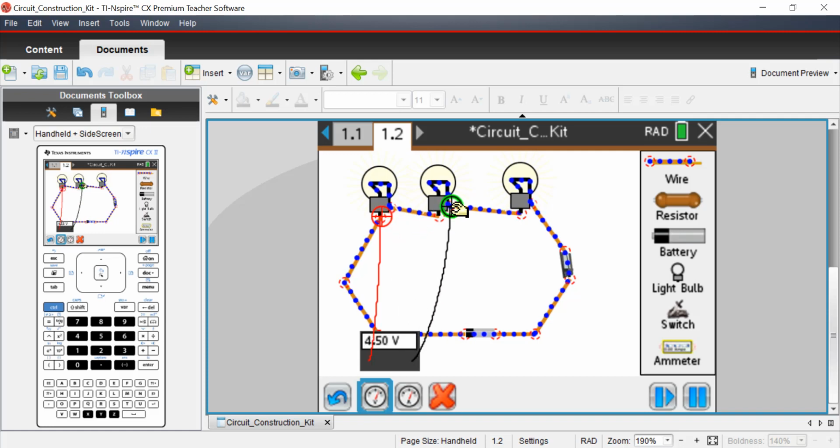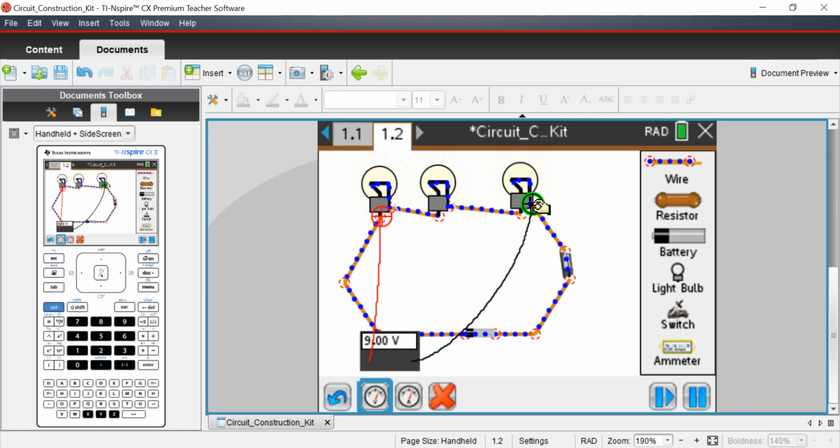If I do it across two 10 ohm light bulbs, a total of 20 ohms, the voltage is cut in half. And when I do it across one light bulb that's 20 ohms and the other two are 10 apiece, I'm back to 9 volts across the whole thing.